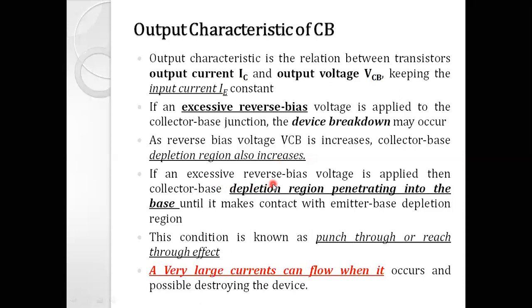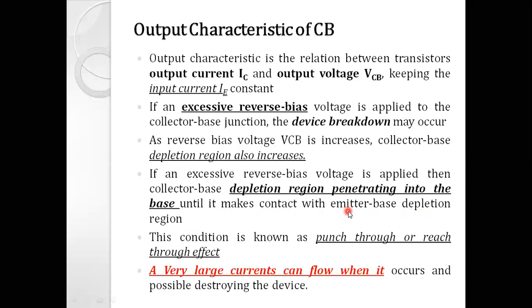So if an excessive reverse bias voltage is applied, then this collector base depletion region penetrates into the base. That means this depletion region widens more and more into the base region until it makes contact with the emitter base depletion region. That is the first junction, emitter base.